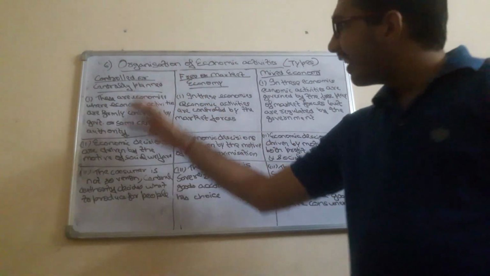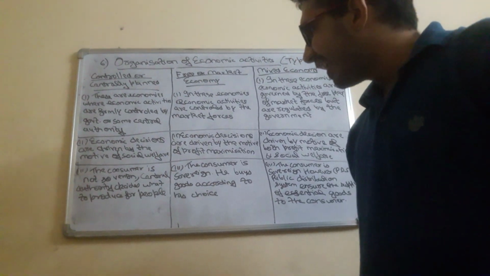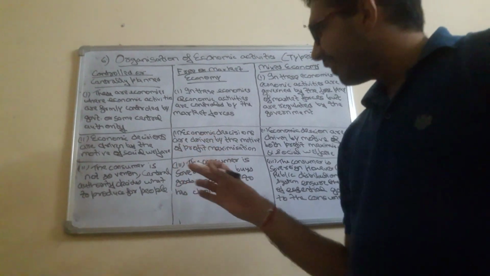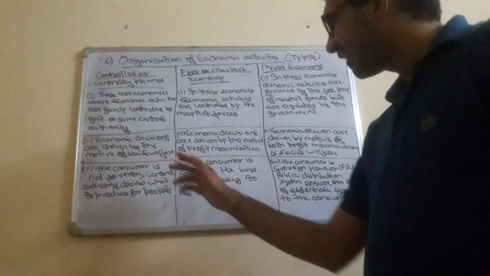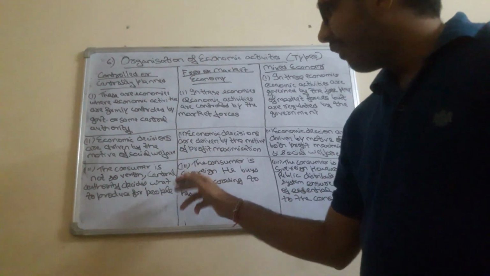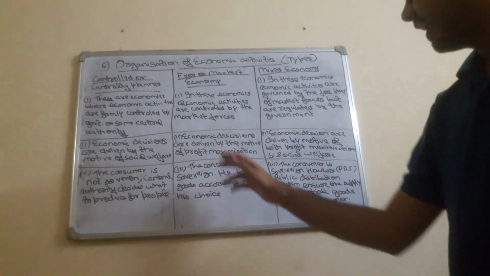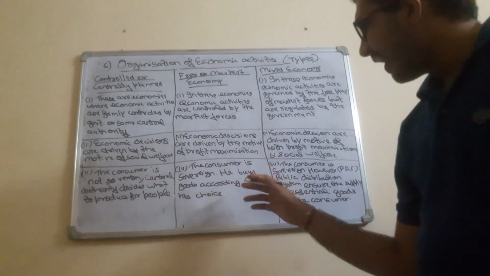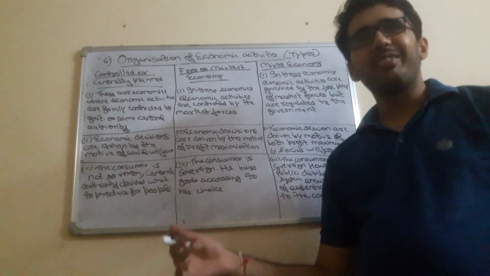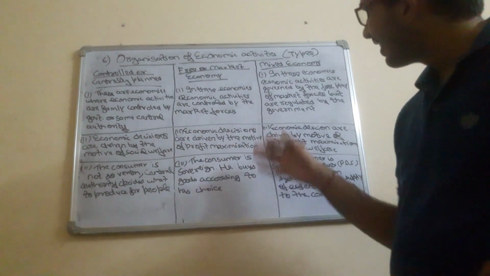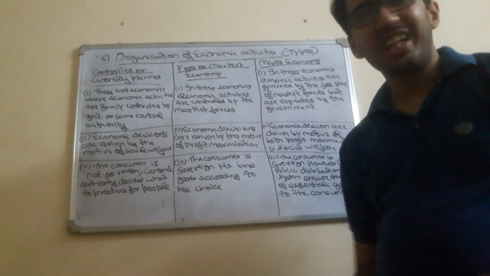And the last, in a centrally planned economy, the consumer is not sovereign. That is, the consumer doesn't have full power over what should be produced in the economy. The central authority decides what to produce for the people. While in market economy, the consumer is sovereign. He buys goods according to his own choice. Consumer is the master, as we have heard in economics. The market forces of demand supply. सब लोग ही कहते हैं कंज्यूमर बादशाह है मार्केट का.